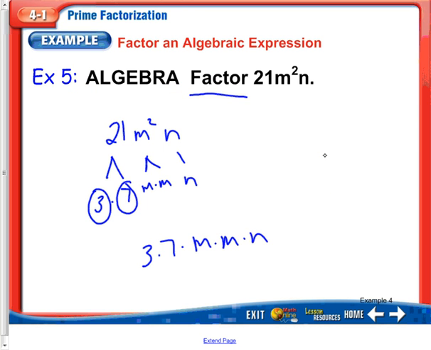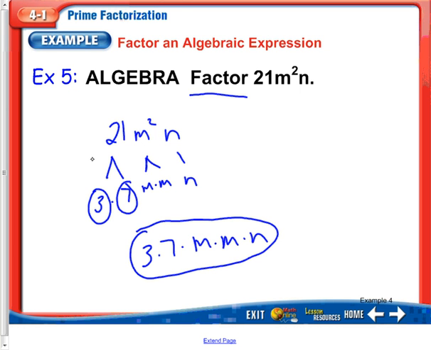But when this one says factor, I'm actually going to leave m times m just like this, and I'm not going to write it as m squared. Here it's m squared, so we don't want to write it the same way. We want to break it apart.